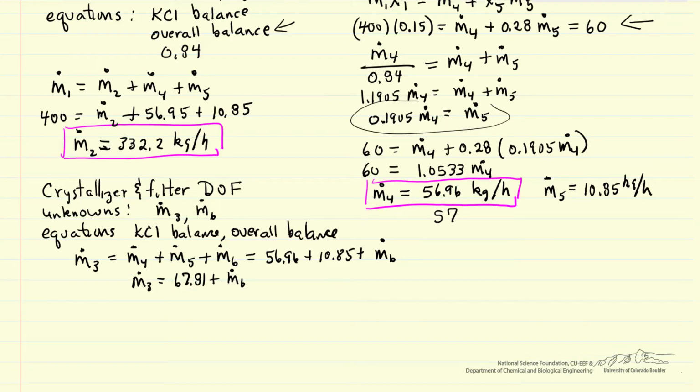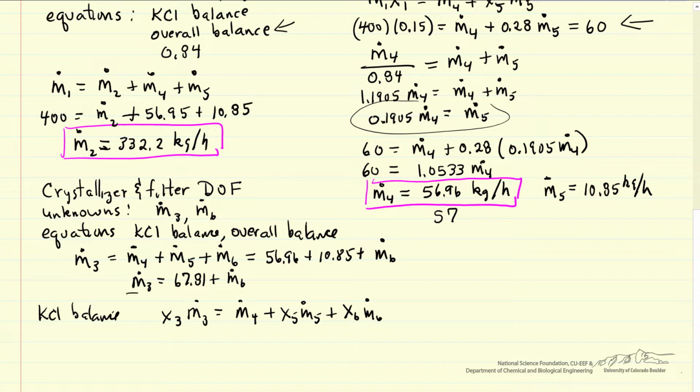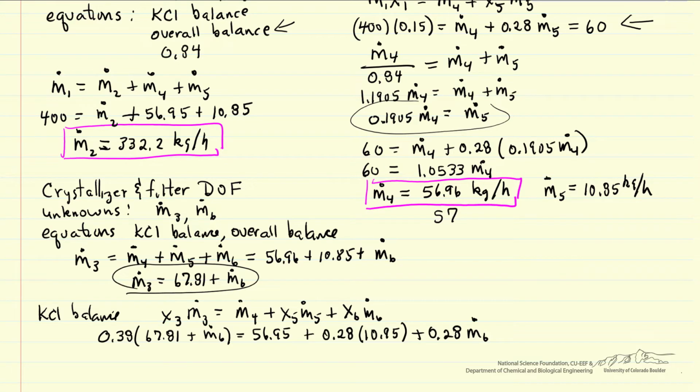So now we want to do the KCl balance, and so stream coming in, mass fraction, M3 dot, stream leaving, so X4, of course that's 1, so it's just M4 dot since it's crystals, and then X5 times M5 dot plus X6 times M6 dot. So again, I'll pause, write down the numbers, and for M3 I can substitute in this equation.